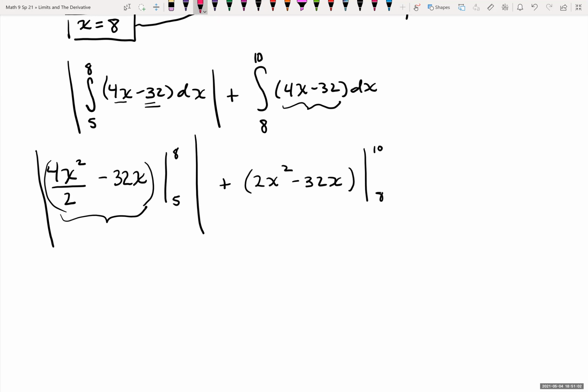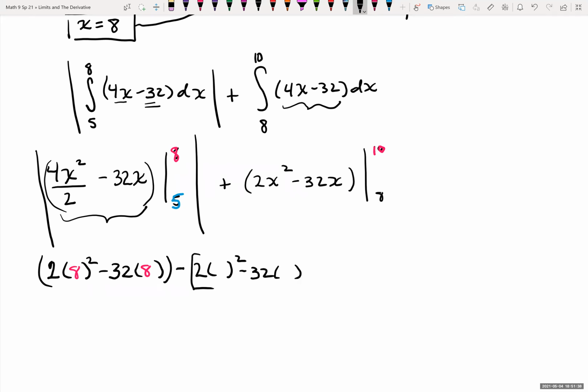Okay, upper bound first. So if we plug in our upper bound first, we have 2 times 8 squared minus 32 times 8. Minus, now plug in 5 wherever you see an x. So it's really 2 times 5 squared minus 32 times 5. I need a bracket around that whole piece.